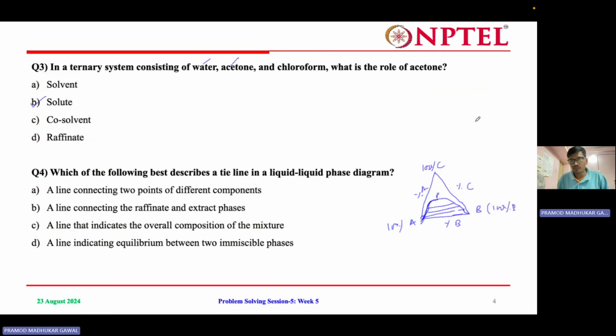For example, take two mixtures, feed and solvent. After mixing and attaining equilibrium, we analyze the samples in both phases, the extract phase and the raffinate phase. So the answer is a line indicating equilibrium between the two immiscible phases, right?